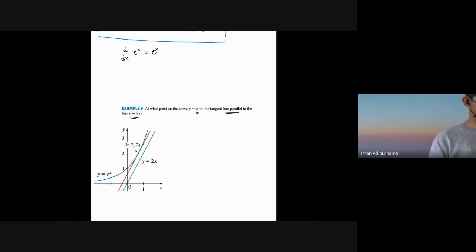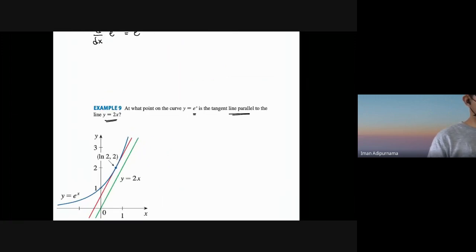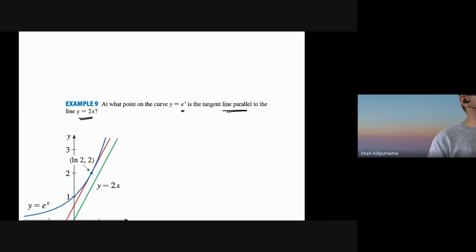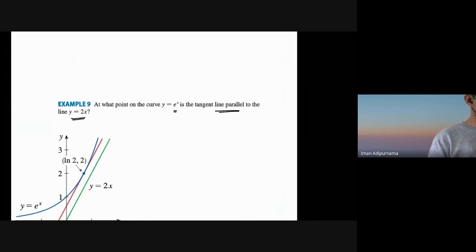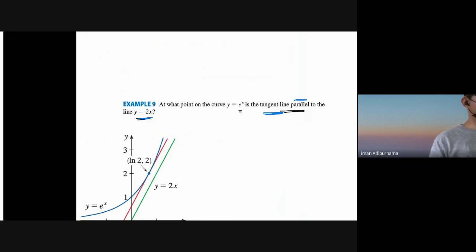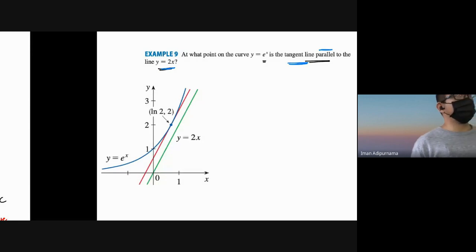So the first thing you need to do with the question is make sure that you know what you need to find. First, there will be a tangent line, and it's parallel to another equation, which is y equal to x. So if we look at the graph here, it illustrates what the problem is.